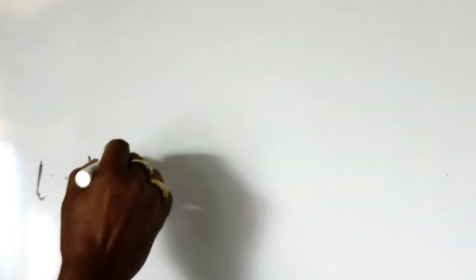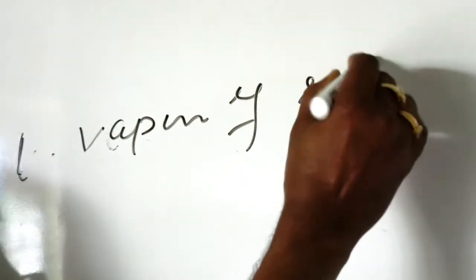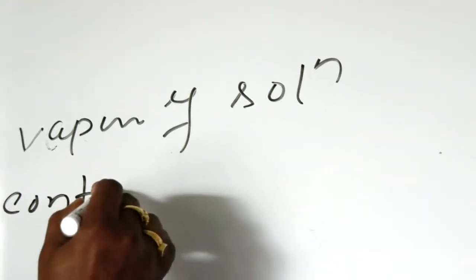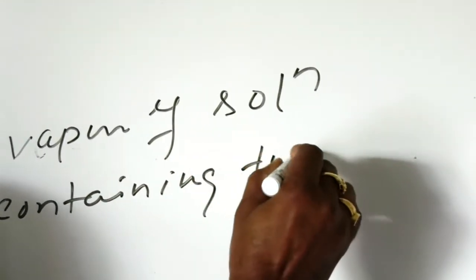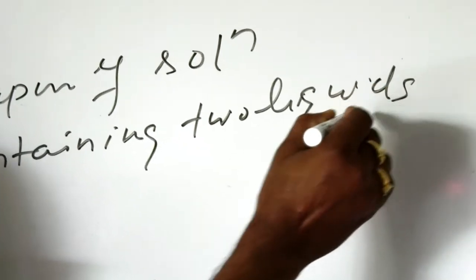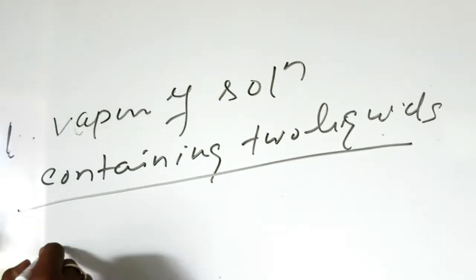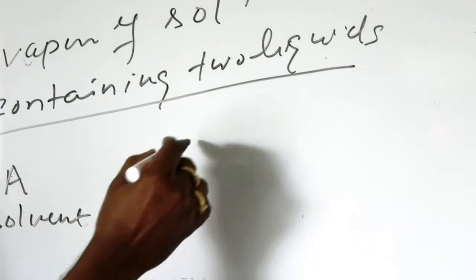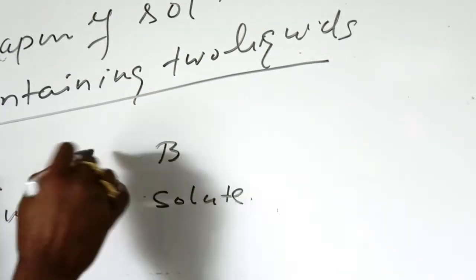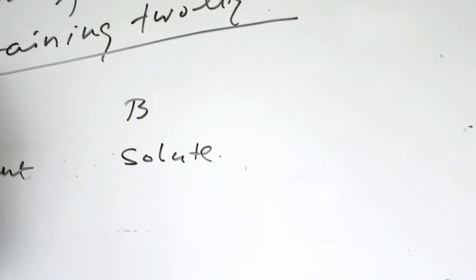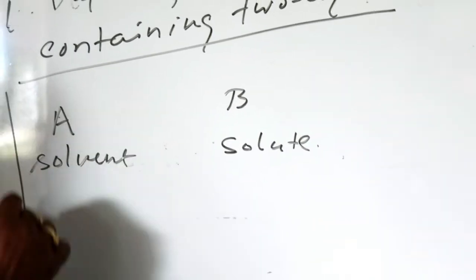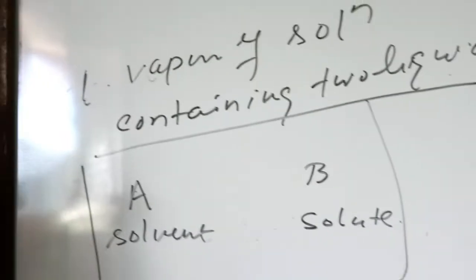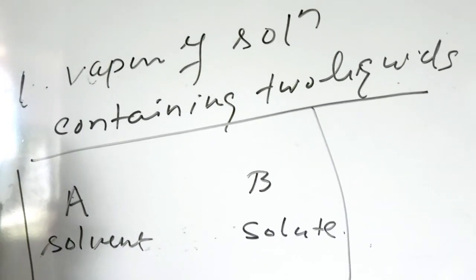So, in the case of vapor pressure of a solution containing two liquids, one having the maximum percentage, called the solvent, A, and another having the minimum percentage, called the solute, B, when these two liquids are mixed together, what will be the effect on the vapor pressure of the solution?